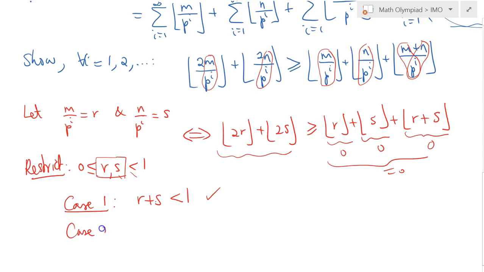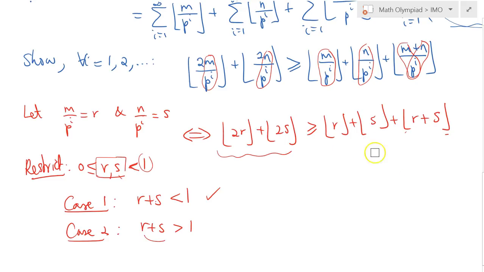The second case is if r plus s exceeds 1. Obviously, it cannot be more than 2, also because I restricted my attention to this range. So for that particular case, the floor of r plus s would simply be equal to 1. That implies that either r or s is at least 1/2, right?